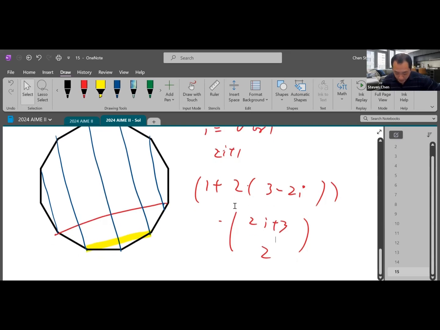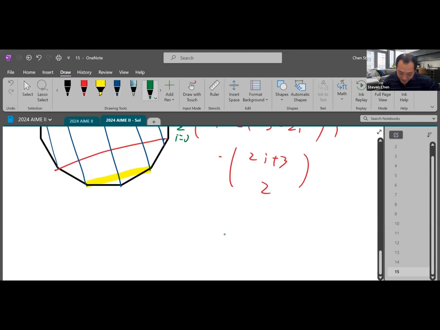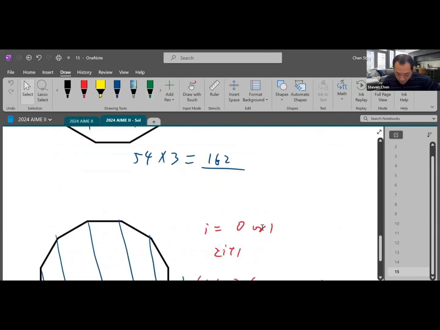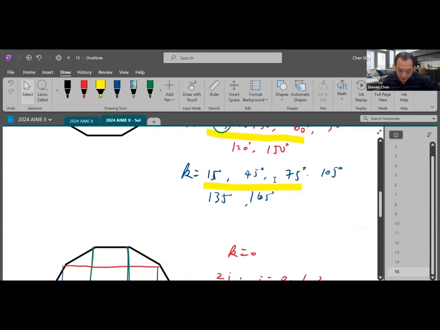All right, and this quantity corresponds to each particular i, and then we need to sum over i from 0 up to 1. By doing some basic algebra, its value is equal to 51. And don't forget that this corresponds to the argument 15. So we also have the scenarios for 45 and 75, but they should give us the same number of rectangles as 15 degrees.